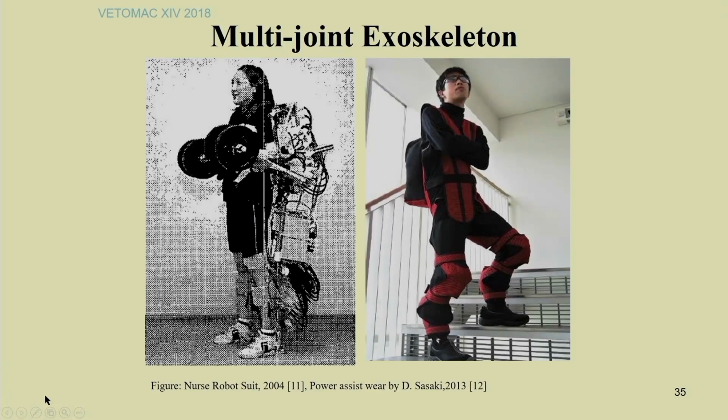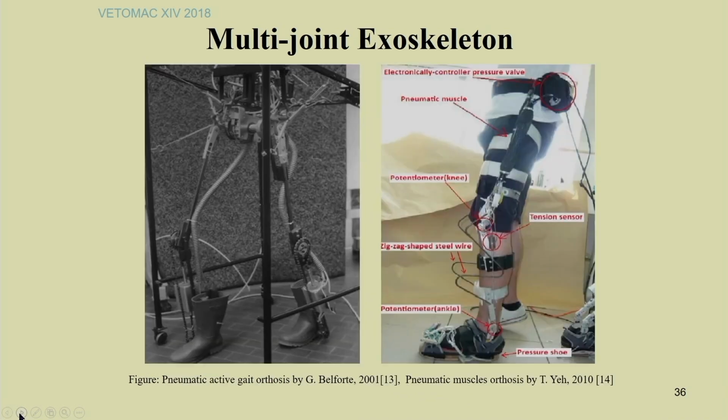These muscles are particularly used for exoskeleton type applications. Here is a figure of a nurse wearing a robot suit, which is pneumatically actuated. This is also power assist wear by D. Sasaki. I will give these references at the end of this lecture.